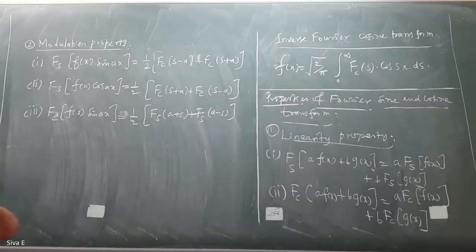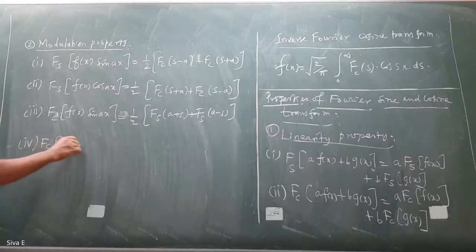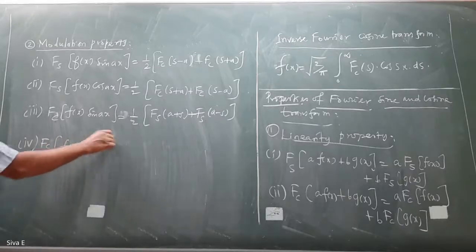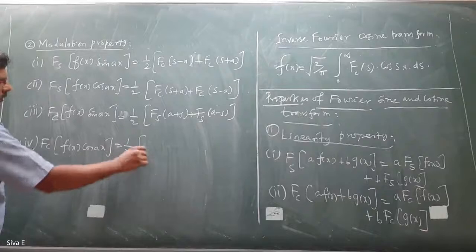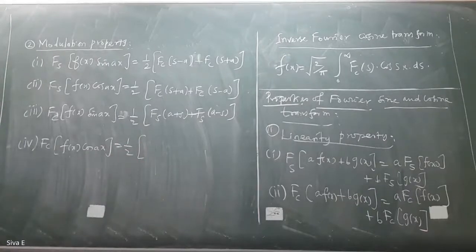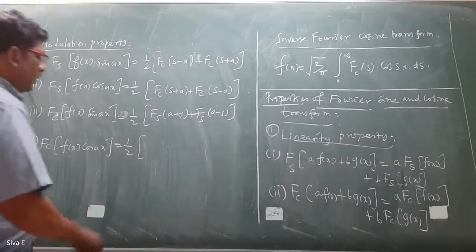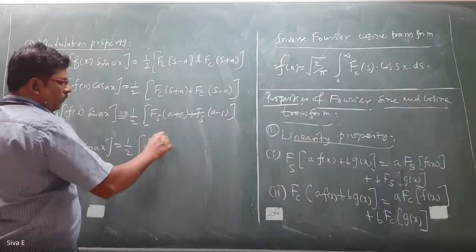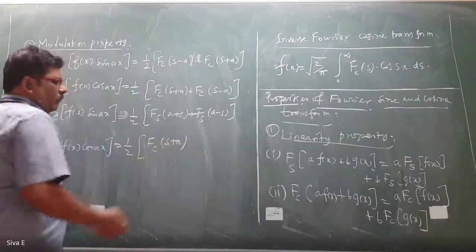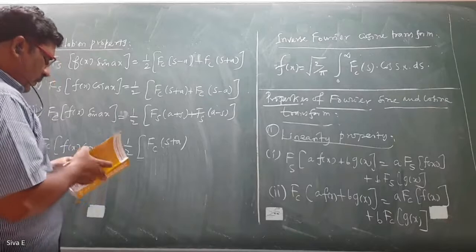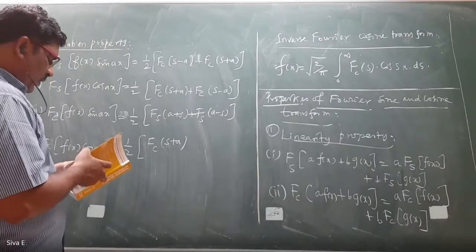Fourth one, Fc of f of x cos ax equal to 1 by 2 Fc of s plus a plus Fc of s minus a.